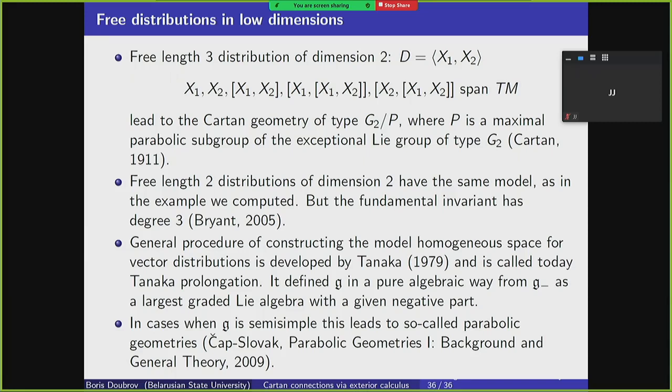It's one of the very few examples. That was our motivation to study it, right? Because we wanted to see the strange version of the Fefferman construction, which gives you another geometry on the same manifold. That was the Bryant thesis. And well, I didn't put a reference here, but if you go to arXiv and look for a joint paper of me and Jan Slovak, that will be the only one, I believe.